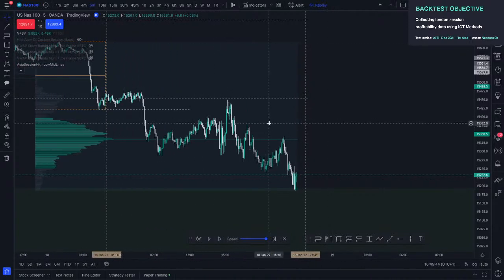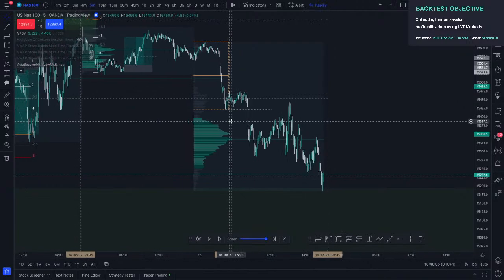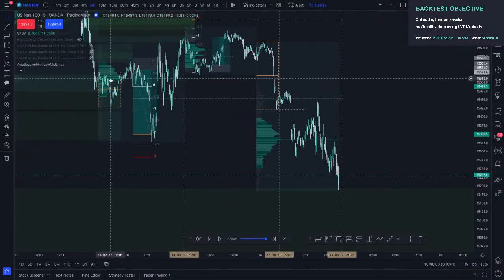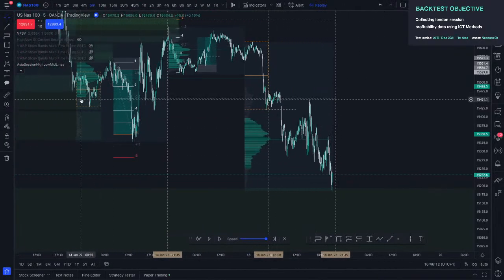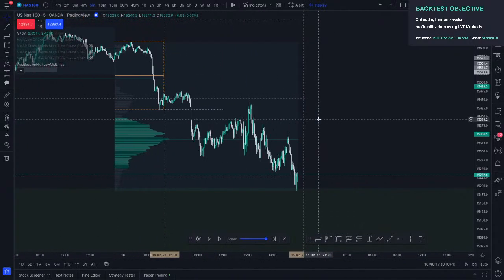The only place where a trade could have been valuable is here, but I wouldn't have taken this anyway. I mean, I know it's ICT. From this point here, you could have been on a trade from an ICT perspective, but I don't have the luxury to go so low on the time frame. But I do appreciate that the market attempted to get back into this value area low and it got completely rejected.